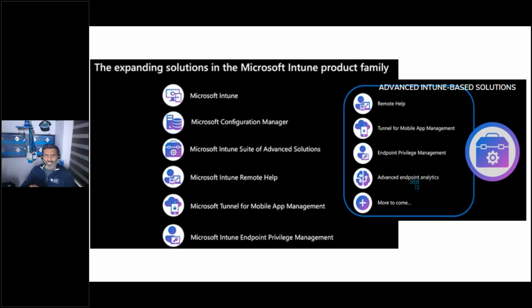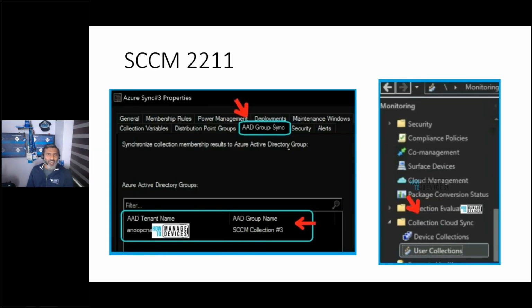Now let's go on to the next part of my presentation, and that would be more interesting and more technical, I would assume, for you. Recently Microsoft introduced the latest version of Configuration Manager, and that is 22.11.